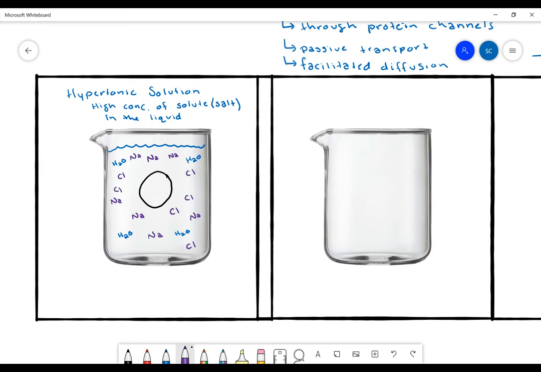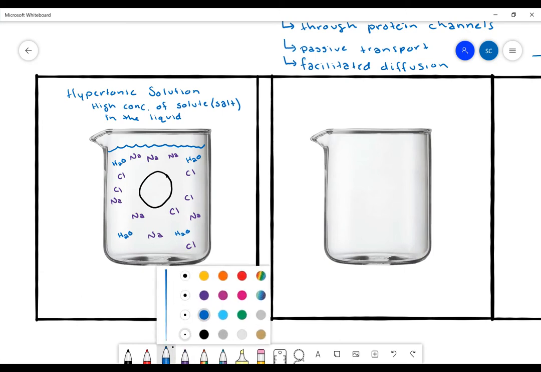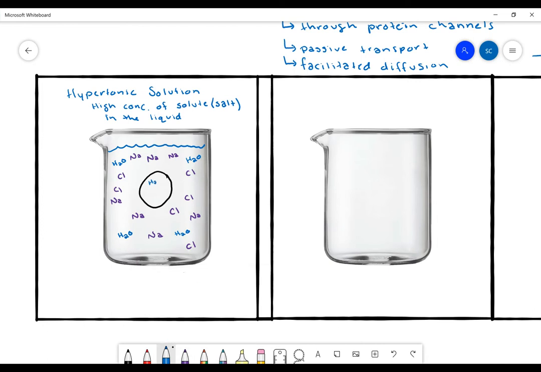So there are more ions than there are water molecules, or there's a higher concentration there. Whereas inside the cell, there's also water, and there are also always salts within the cell as well.